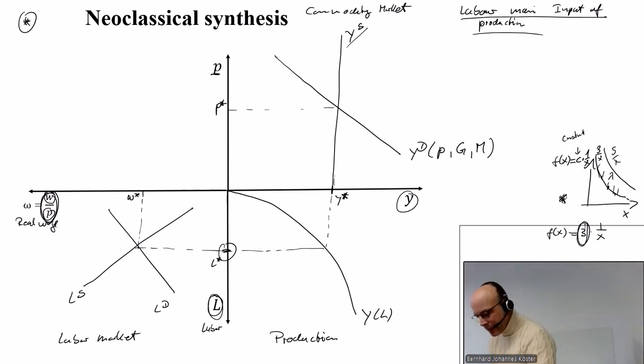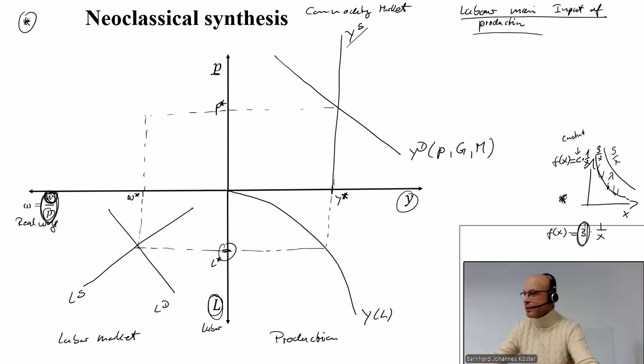Okay, so then we know in general we have this hyperbola. And where do we find this hyperbola in this quadrant? Well, this is determined by the nominal equilibrium wage rate. And where do we find this nominal equilibrium wage rate? Well, of course, here at the cut of these two numbers, equilibrium price level and equilibrium real wage rate.